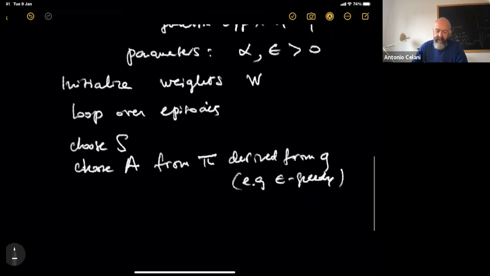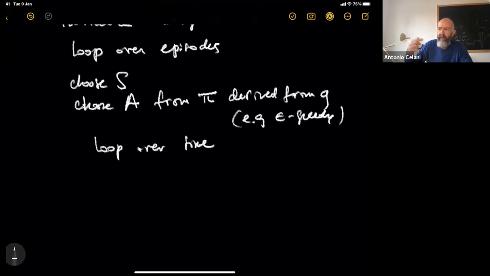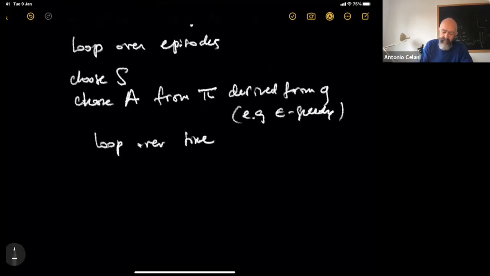So you have generated an action, and then you loop over time. This was the first step to start your episode, and then you repeat.